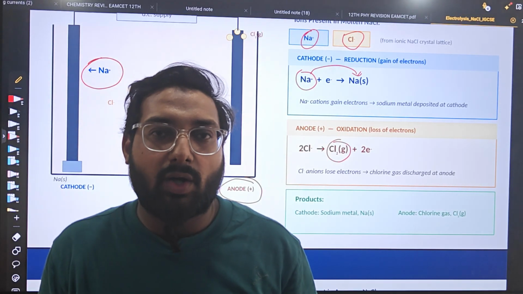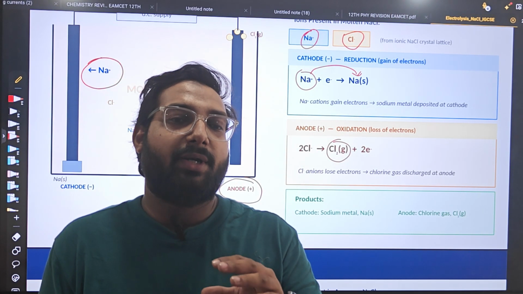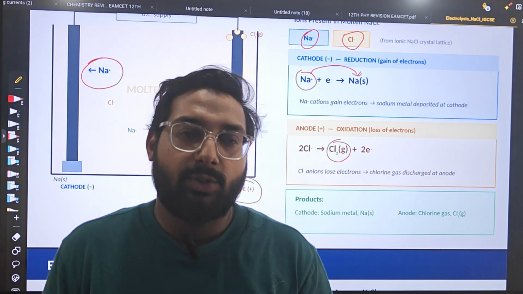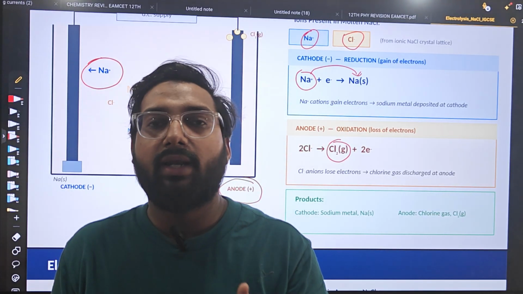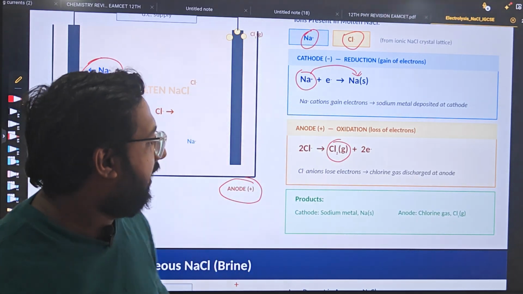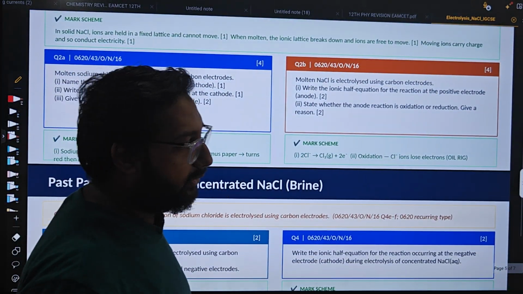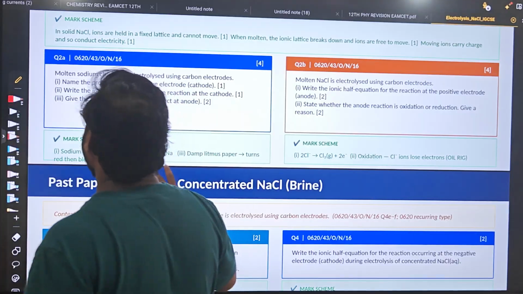Is it a molten electrolyte or an aqueous electrolyte? Straight away you cannot jump into the answer and say that you get Na+ at the cathode and Cl- at the anode. You need to be very careful and check whether it is molten or aqueous. Let us solve a few questions which appeared in your past papers.